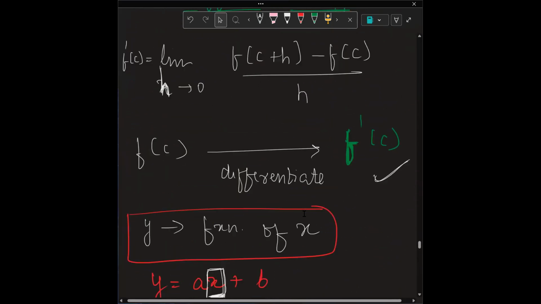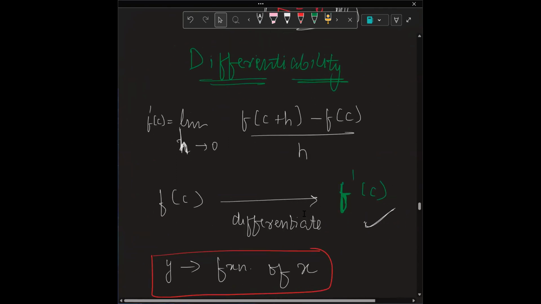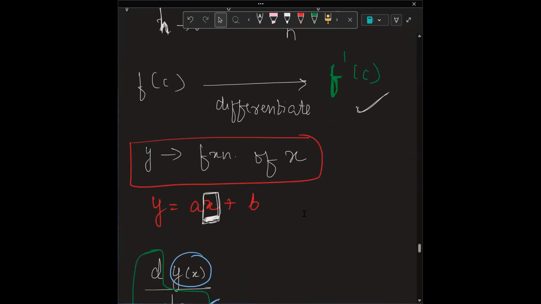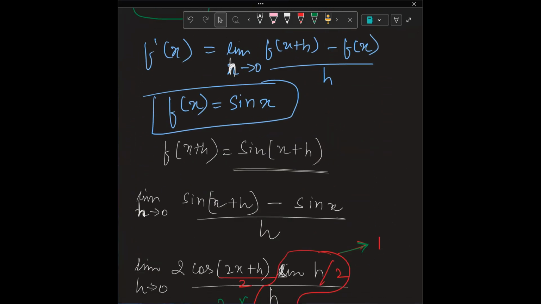This is the derivative part: how we can differentiate, and how the differentiation notation is. This was the first principle. Did you understand? Is it okay? Understood?